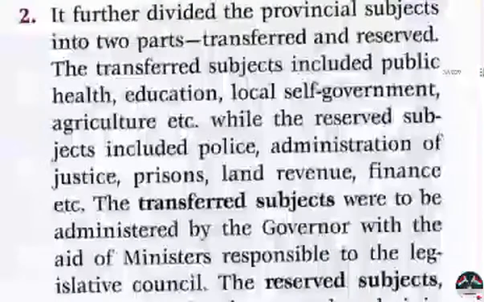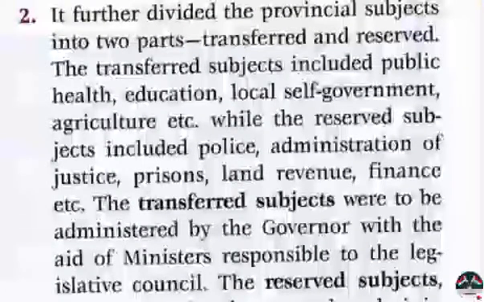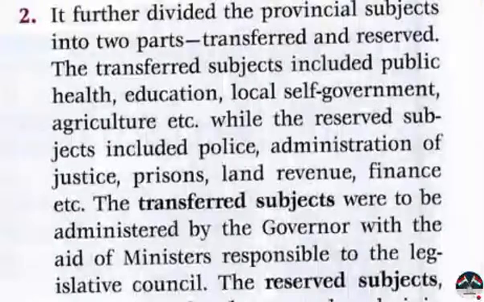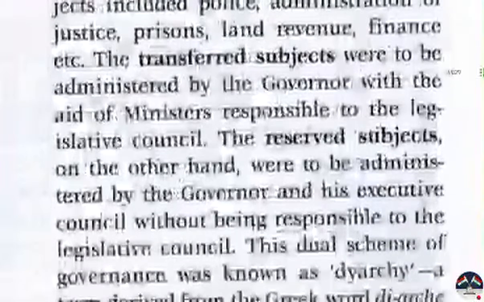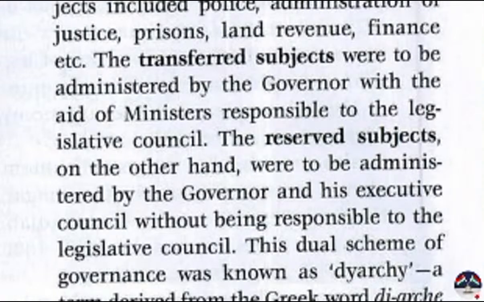The transferred subjects included public health, education, local self government, agriculture, etc. While the reserved subjects included police, administration of justice, prisons, land revenue, finance, etc. The transferred subjects were to be administered by the governor with the aid of ministers responsible to the legislative council.